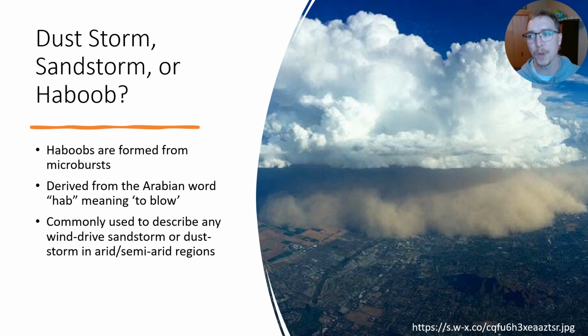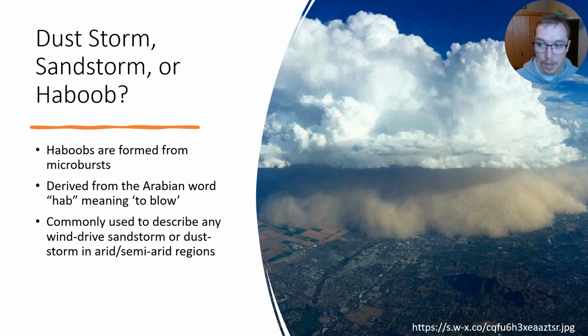But haboob was originally the name for a dust or sandstorm in the northern parts of Sudan, most commonly observed between May and September during the afternoon and evening. The name is derived from the Arabian word hab, meaning to blow, or wind. It means a few different things, but to blow is the common interpretation and has been used by the meteorological community for nearly 100 years.